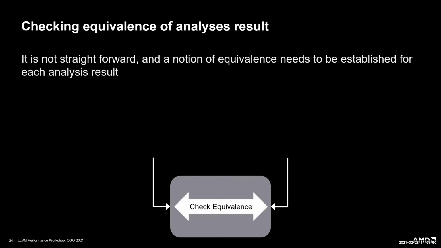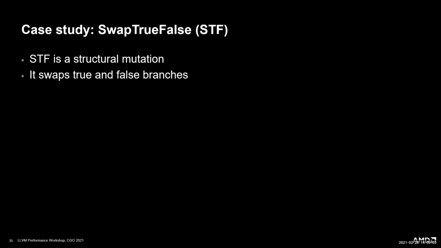We just saw that we can use a mutation to mutate a test case into an equivalent test case. So let's talk a bit more about mutation with a simple example. This mutation is swap true false. It's very simple. It just swaps the true and the false branch. So it's a structural mutation in a way that it won't change the structure.